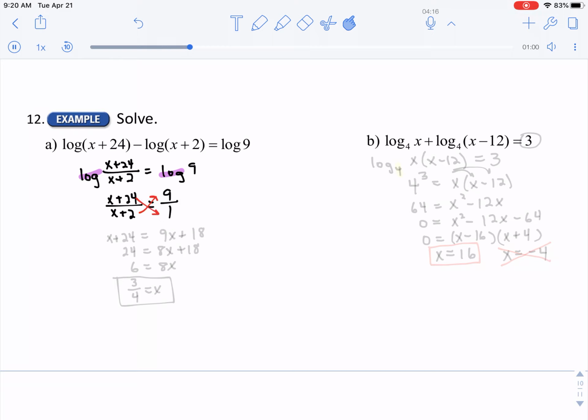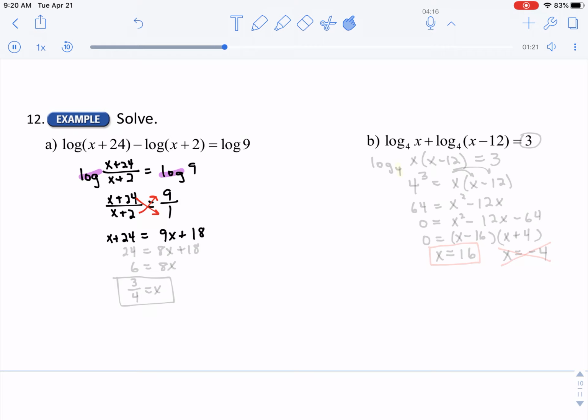So when I cross multiply, I get 1 times x plus 24, which is x plus 24, equals 9 times x, which is 9x, plus 9 times 2, which is 18.